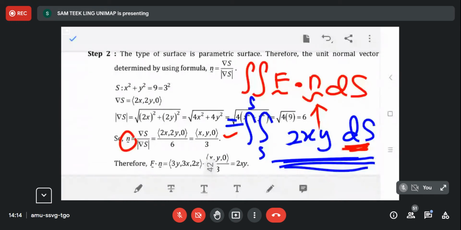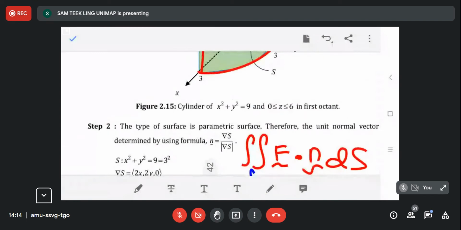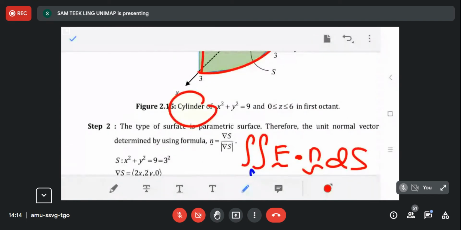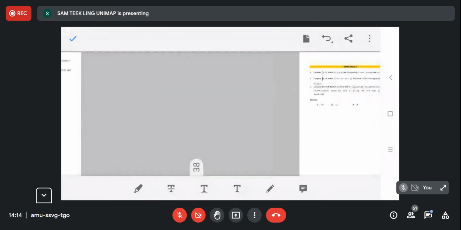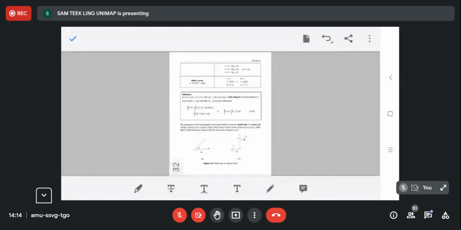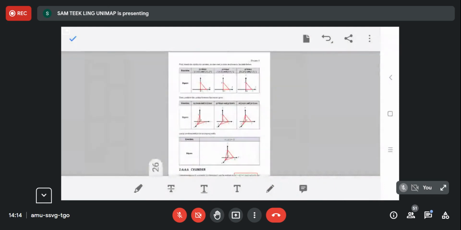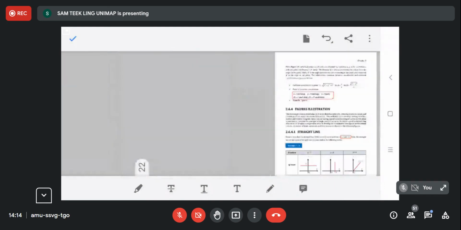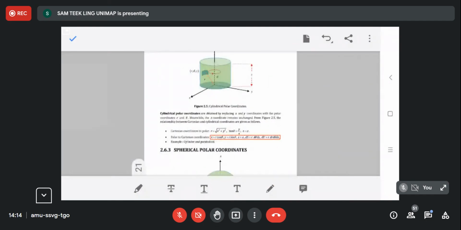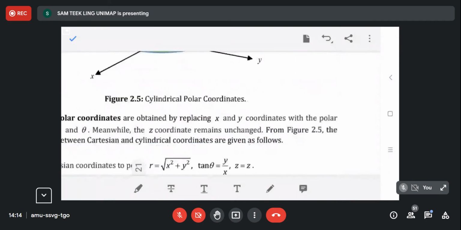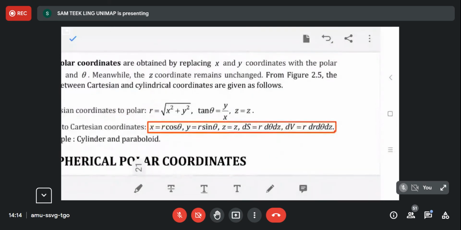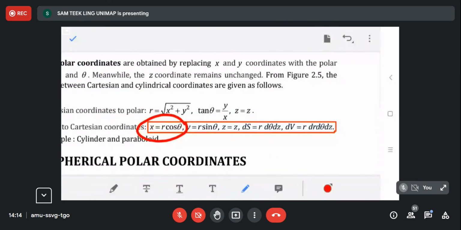So this one, because this one is a cylinder, we use polar coordinate cylinder. So you go to polar coordinate cylinder, you find your cylinder one. So for cylinder, you can see x equal r cos theta, y equal r sin theta, z equal z.